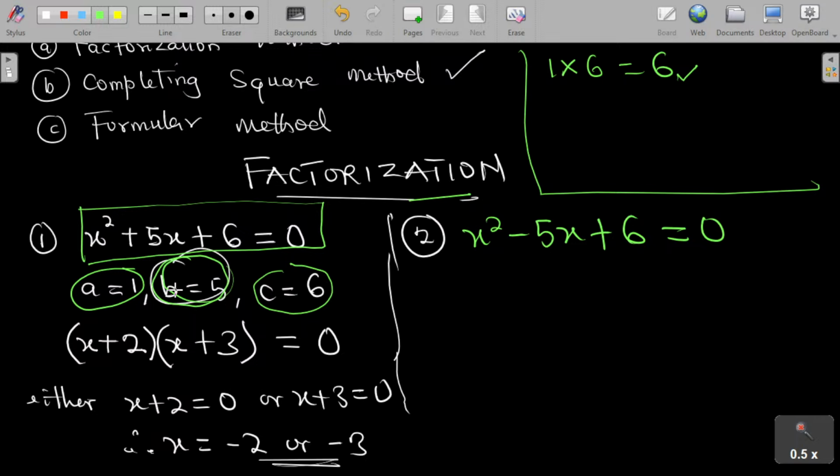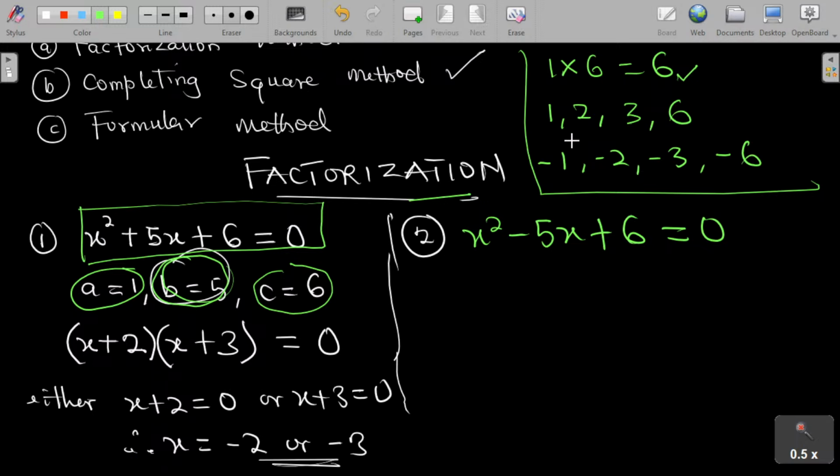So see how you are going to do it. Write out all the factors of 6, and they include 1, 2, 3, and 6. So you will now check how you will combine it. You also write out their negatives: minus 1, minus 2, minus 3, and minus 6. So if you write the positive, you write the negative.